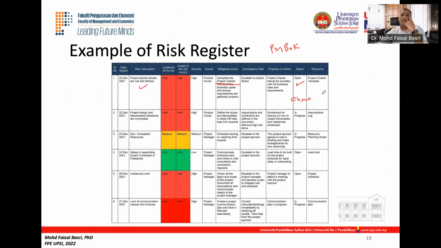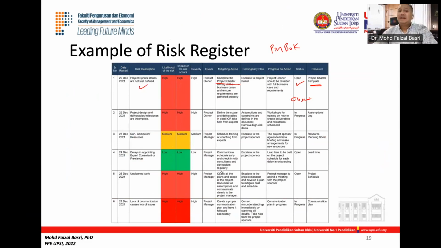And they also list relevant resources, for example, project charter templates. To ensure that future projects have a proper, synchronized, standardized project charter, the company came out with a proper template. So every project in the future will have a similar project charter.